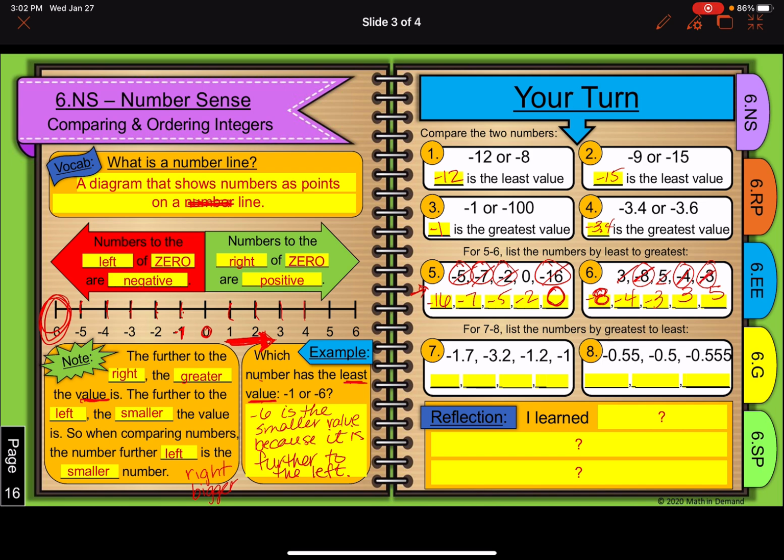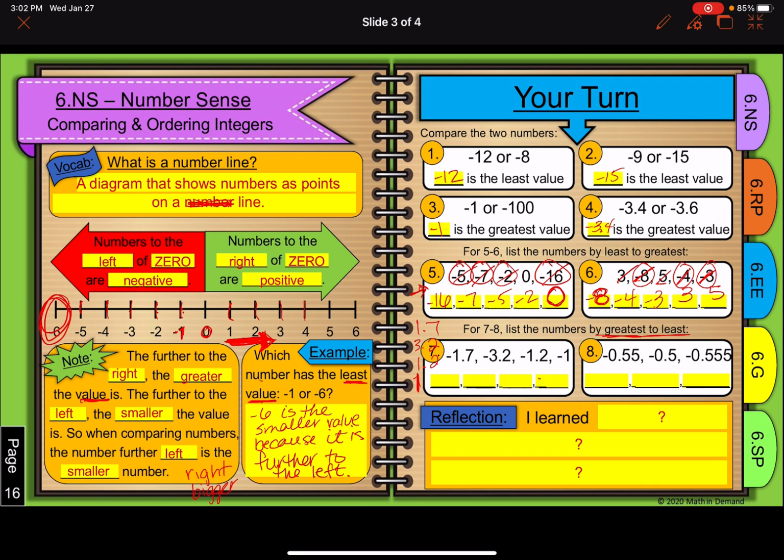For the next one, I'm going from greatest to least, so we have to make sure to read directions carefully. But now I'm working with decimals. So I have to look at my numbers: I have 1 7/10, 3 2/10, 1 2/10, and then 1. But these are all negatives. So since -3 2/10 is further away from 0, instead of being my biggest number, it's going to be my smallest number.